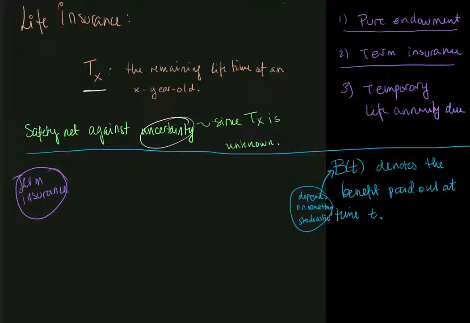Well, in the book they tell us that a term insurance with expiry N, so they actually say that it lasts n years, pays 1 at time T if the person dies between T minus 1 and T, or else it pays 0.